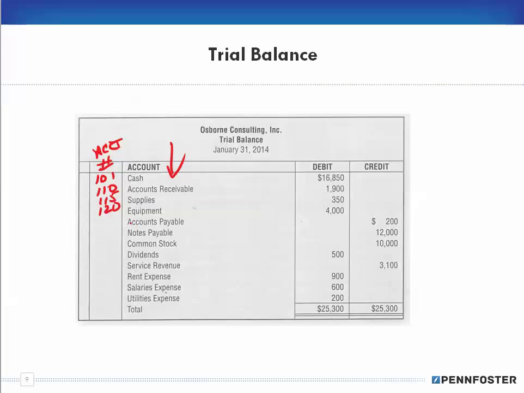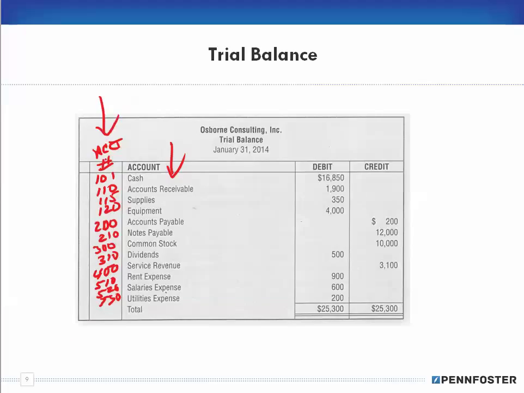Accounts payable is a liability, so that would be like 200. Notes payable would be 210. Common stock is an equity account, so that would be like 300. Dividends would be 310. Service revenue is a revenue account, so that begins with a 4, so that would be 400. Rent expense would begin with a 5, so that'd be like 510, 520 for salary, 530 for utility expense.